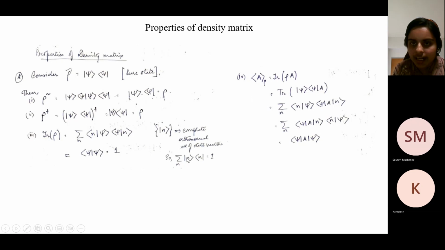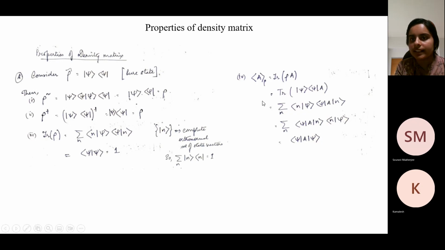Yes, ma'am. And then when you define an expectation value of some observable or operator A, you find the trace of rho times A. If you do that, you'll see that it's equal to the normal expectation value formula that we use, where psi is already normalized. So the expectation value is equal to the trace of rho times A. Here you don't need to know the individual states.